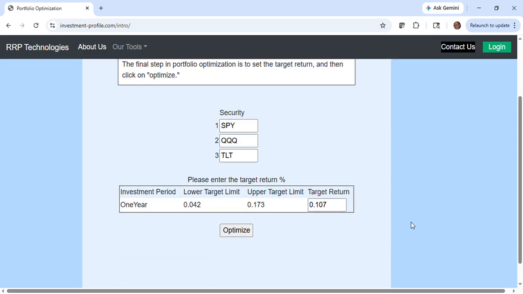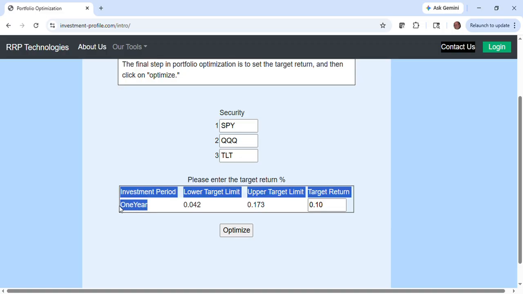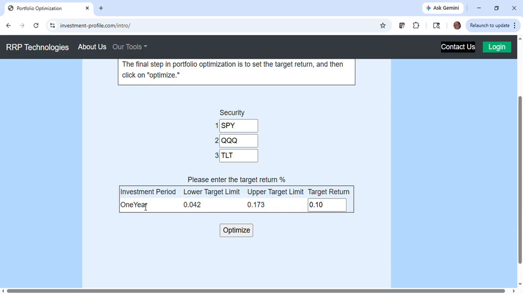The return target is the return that you'd like to receive from this portfolio during the investment period that you've selected. In this case, it's 1 year. And the target return needs to be between the lower target limit and the upper target limit.